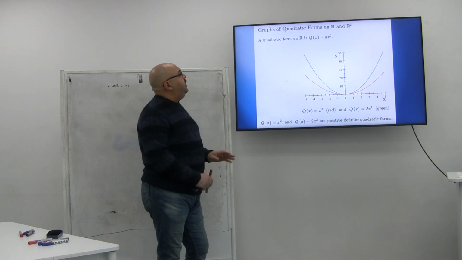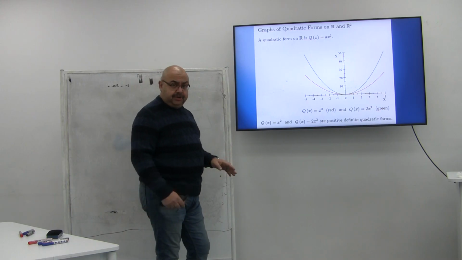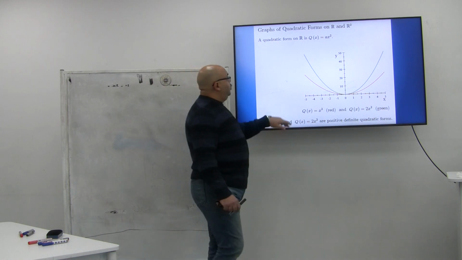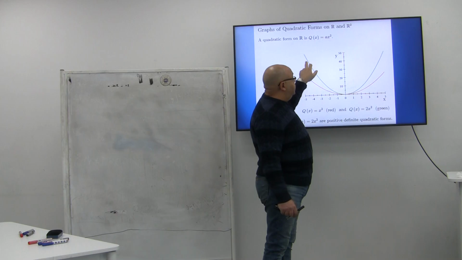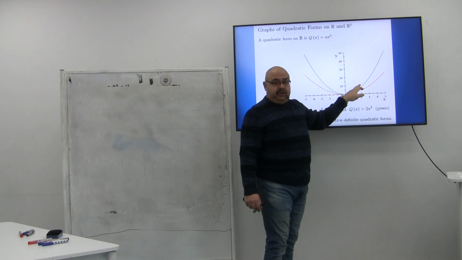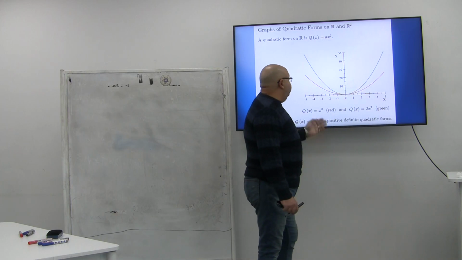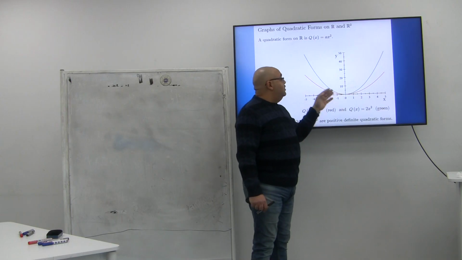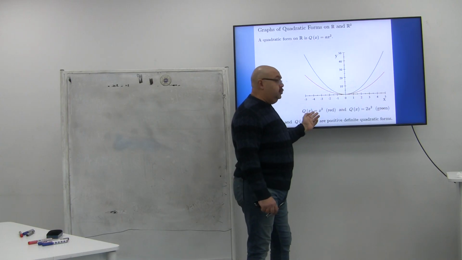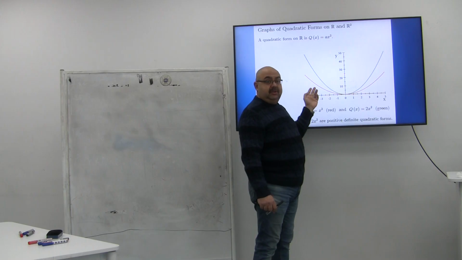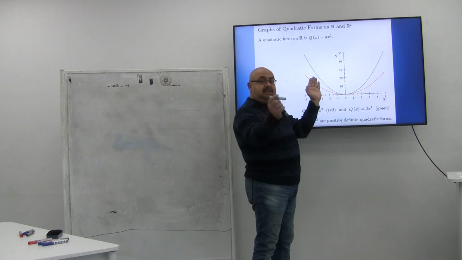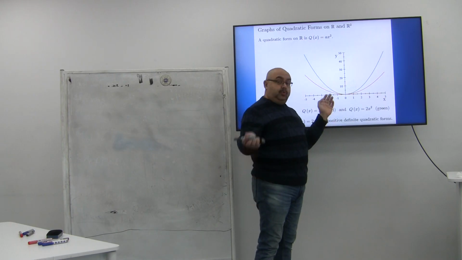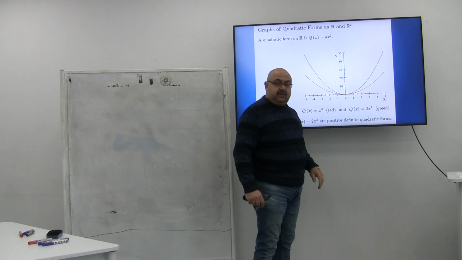Okay, graphs of quadratic forms in general. For q of x equal to a x squared, this is the case of positive definite, as you can see. For all values of x, the value of q of x equal to x squared is positive. If you change the coefficient, you will find the parabola closing its wings, like 2 x squared.